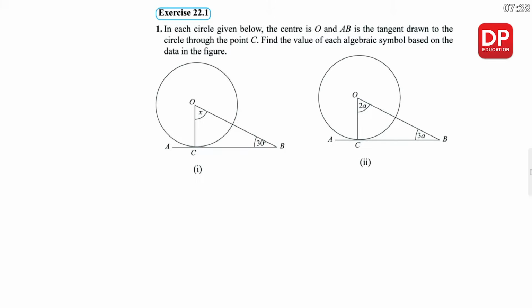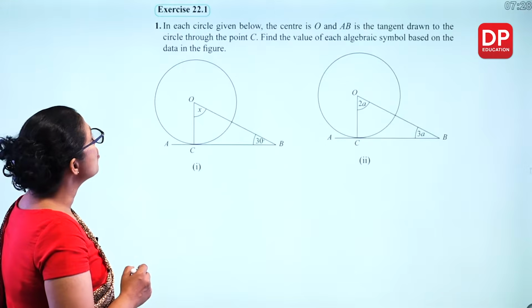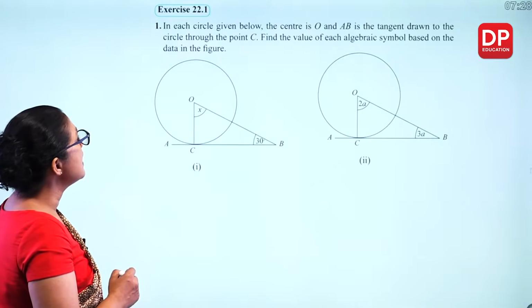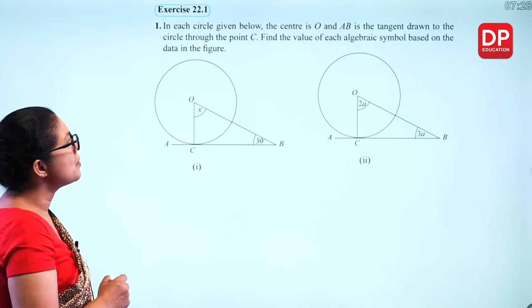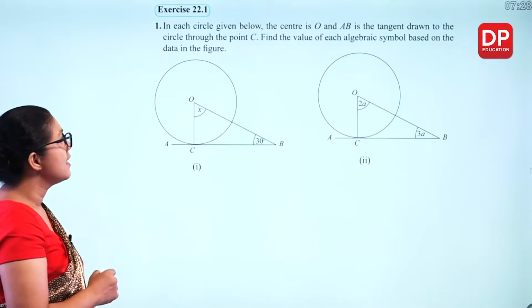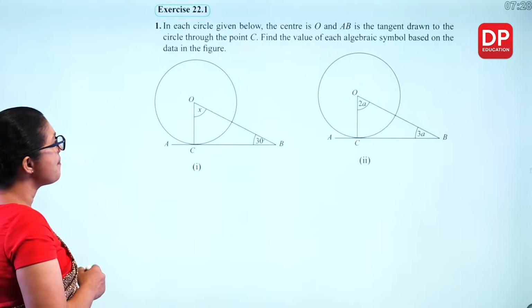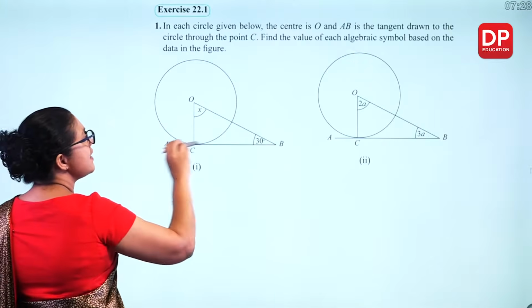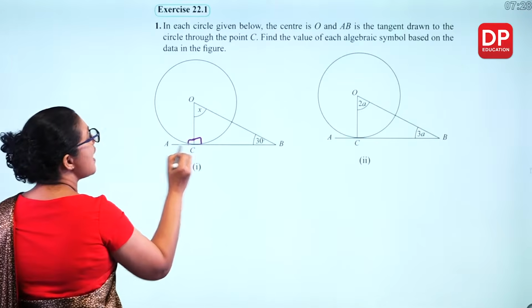Exercise 22.1. In each circle given below, the center is O and AB is the tangent drawn to the circle through the point C. Find the value of each algebraic symbol based on the data in the figure. So look at the first diagram. This is the radius and this is the tangent. This is 90 degrees.